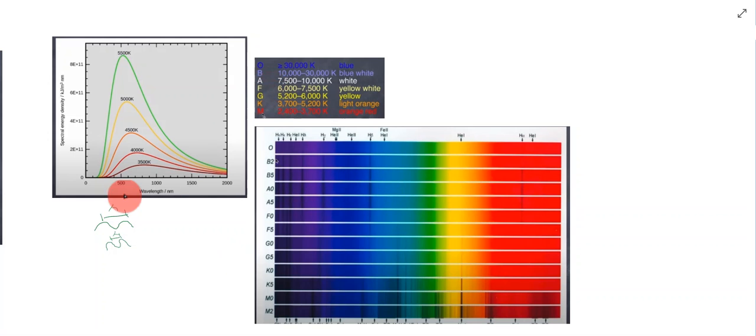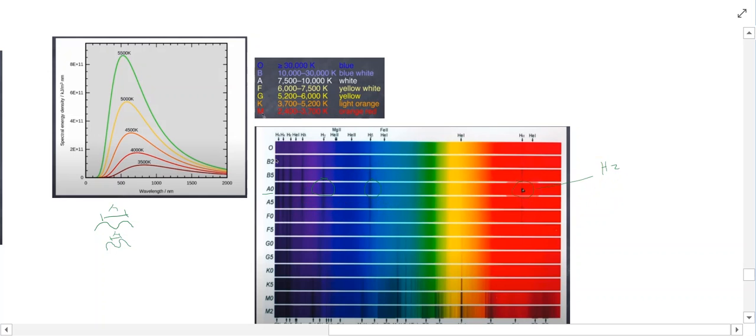If we have a look at these here, we can notice that we have some very similar lines. We can see that this absorption line here, and this line over here, these lines are related to hydrogen. So they're related to hydrogen being present. There are clear absorption lines of hydrogen.